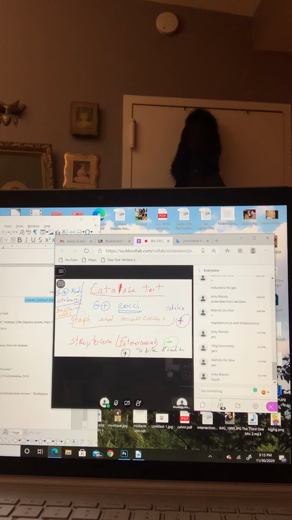And also, of course, by using other media and tests that we talked about, like the MRVP, that differentiates between E. coli and Enterobacter aerogenes, and other tests too. Okay, any question about the catalase? Because the catalase is important.